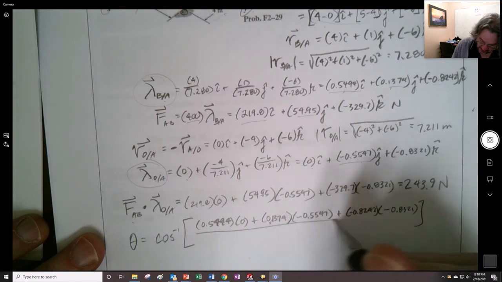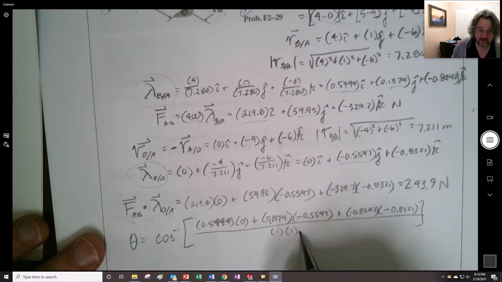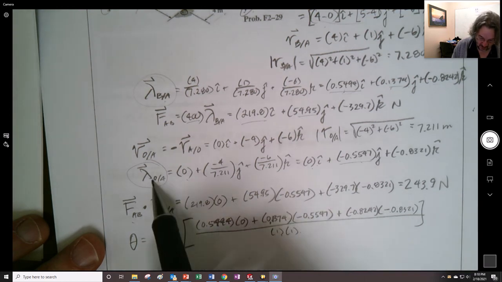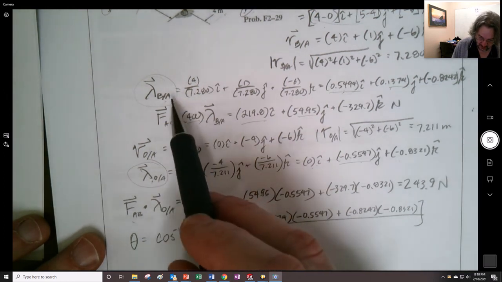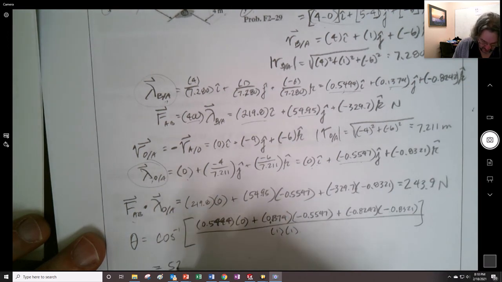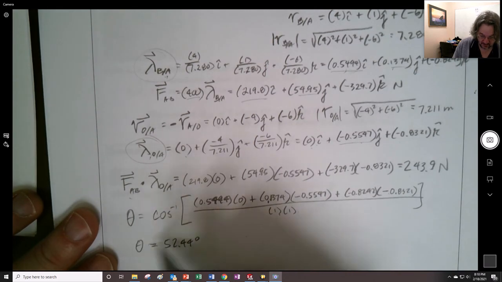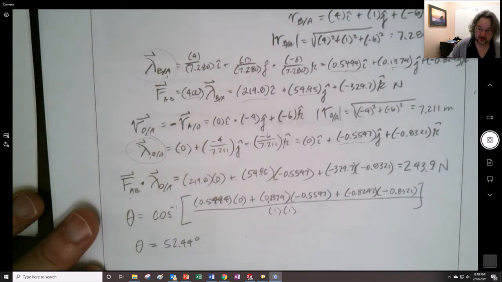And it's all going to be divided by 1 times 1, because it's the magnitude times the magnitude, and the magnitude of this is 1, the magnitude of this is 1. And if we do that, we get 52.44 degrees. So that would be the angle between those two things.